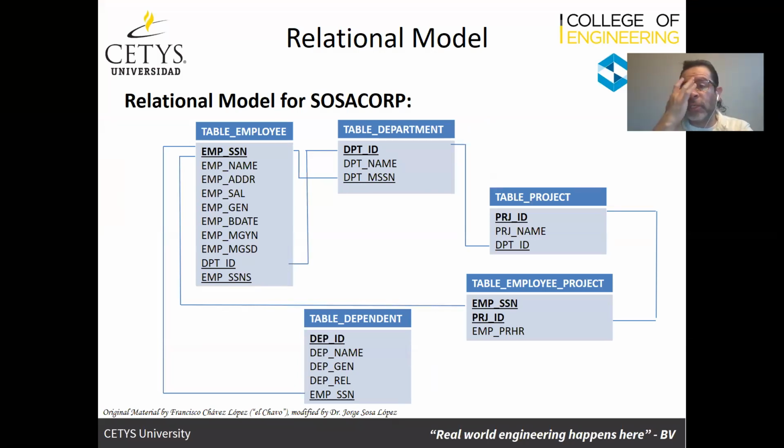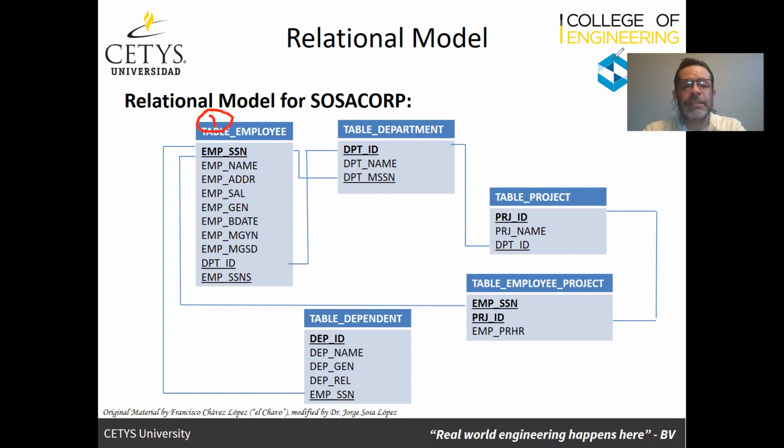So I'm going to start creating this model here. The first thing I'm going to do is start creating the tables, and I'm going to go in order. I'm going to create the employee table first. I'm going to be switching from Access to the PowerPoint because I'm going to have to see information there. And please, if you guys can help me out with the attributes, that would be extremely useful for me.